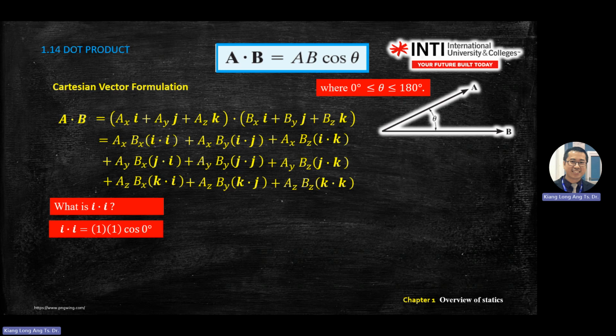What is the magnitude of i? 1, it is a unit vector. So 1, 1. Then cos theta is the angle between the two. i and i is x and x. The angle is 0. So cos theta equals 1. So 1, 1, 1. You get 1.